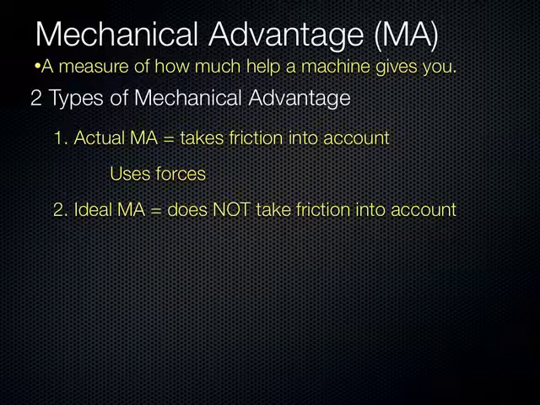It's sort of theoretically how much this machine should help if there were no friction. When we calculate actual mechanical advantage, we use the forces involved. When we calculate ideal mechanical advantage, we use distances.